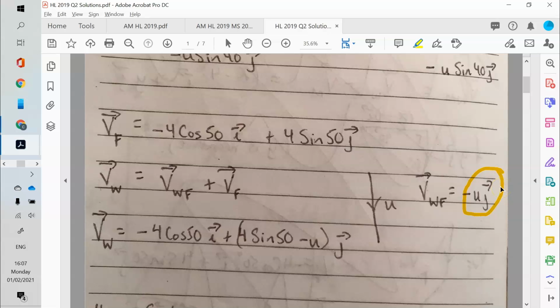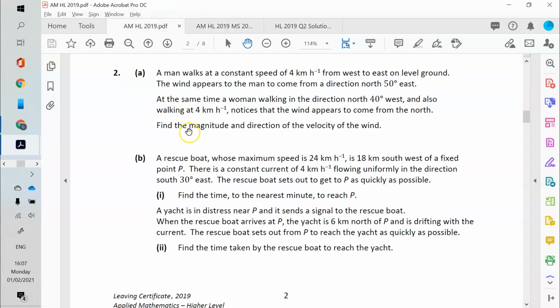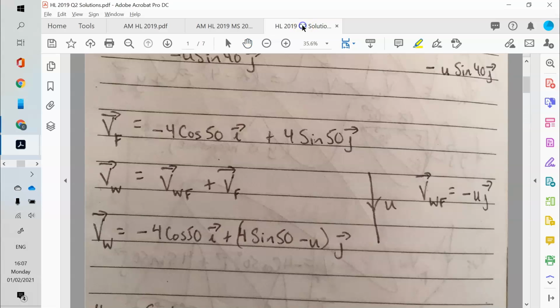So then we have the velocity of the female herself, and we're told in the question the female is walking towards north 40 degrees west at 4 kilometers an hour. She's walking in this kind of direction, 40 degrees being the angle between here.